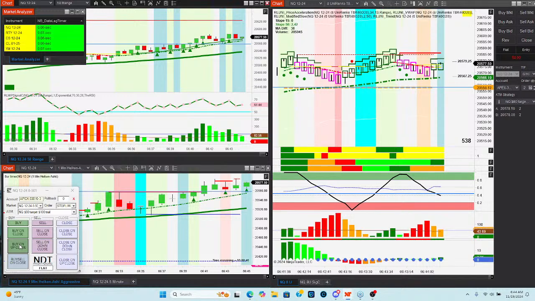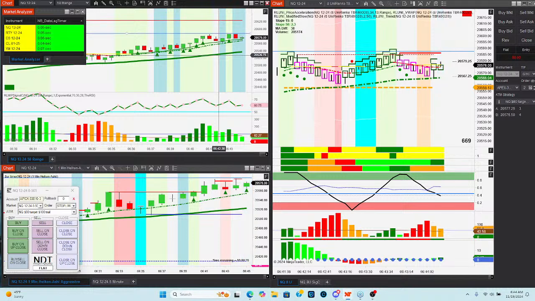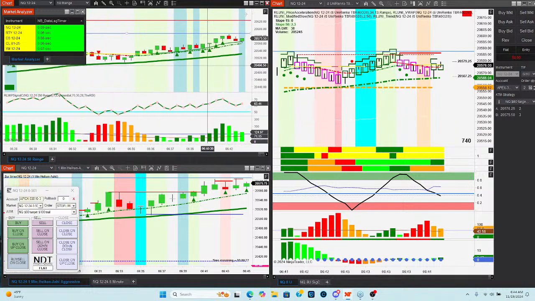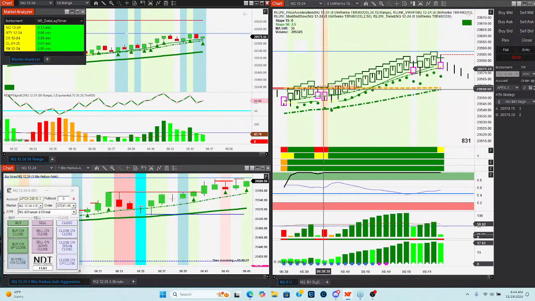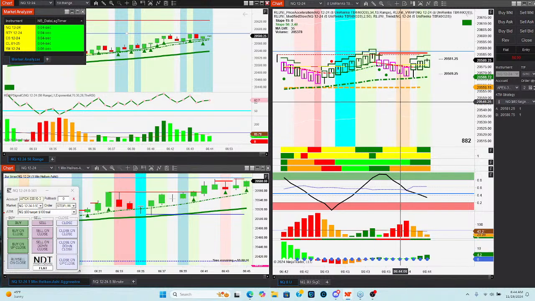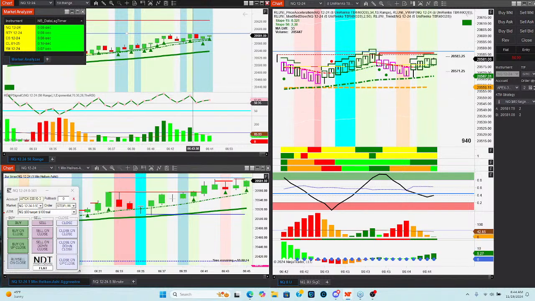Okay, it's kind of chopping along between this area right here. No, it's coming through this area. If you hit it here, hit it here, hit it here. It's testing this volume zone here. Now I got to get out of this. I got to get a better bias in here.